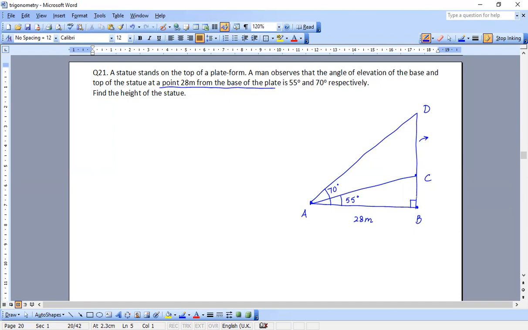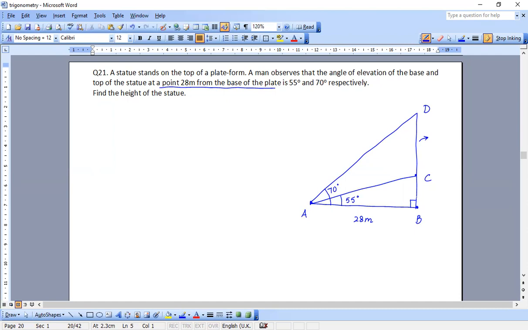Definitely, I will not be able to calculate the length of CD directly. I have no formula with which I can find out the length of a side of an obtuse angle, considering that we have learned only Pythagoras theorem and trigonometric ratios so far. So I will not be able to calculate the length of CD using the trigonometric ratio and the Pythagoras theorem.